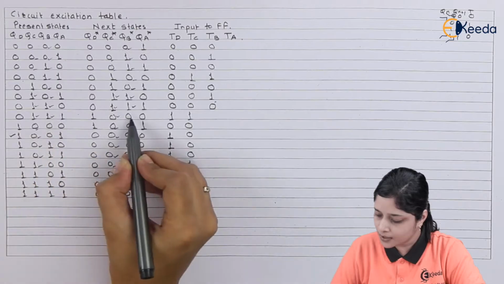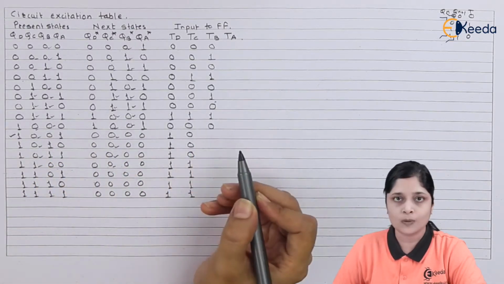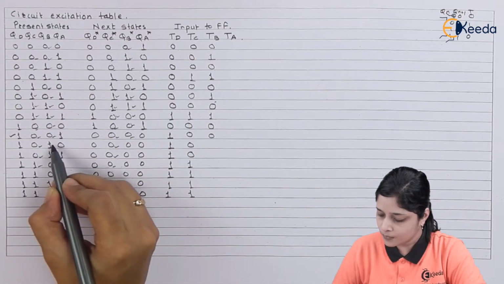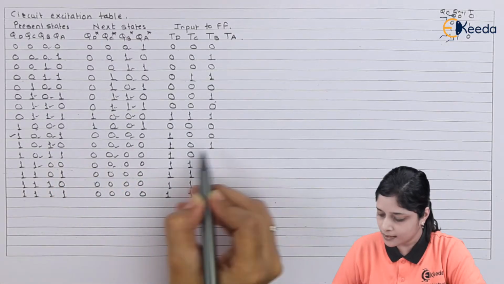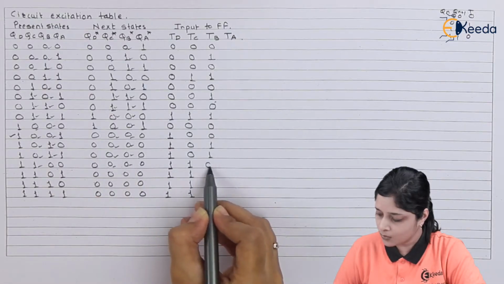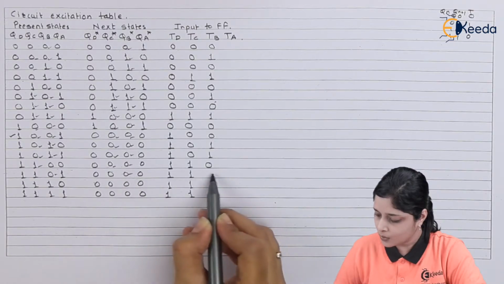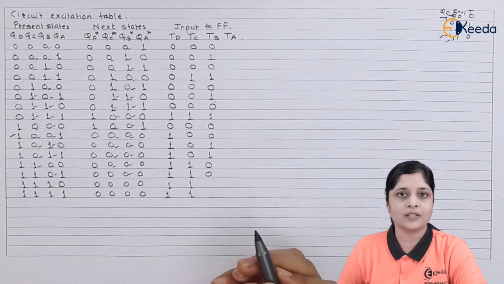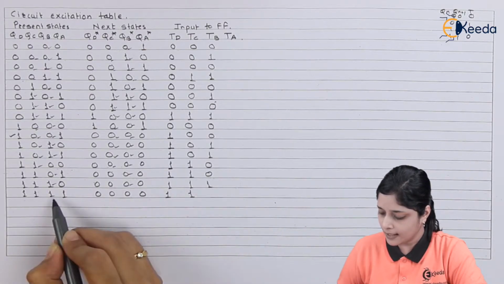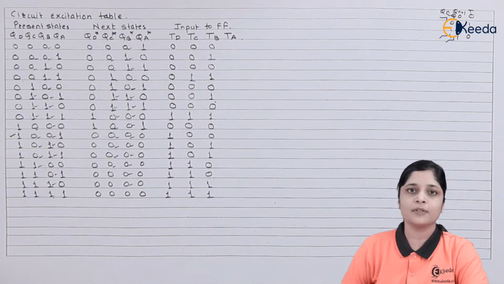After that you have 1 0 1 0 0 0, then 0 0 again 0, 1 0 1 1 0, 1 0 0 0, again you have 0 0, we have to write 0, then 1 0 1 and again 1 0 1. In this way you have to complete the table for the TB.